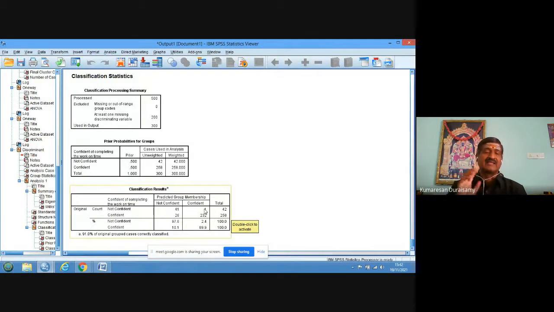Among the confident cases, 258 employees were there. Out of them, 26 are in fact not confident, as predicted from the group membership, and 232 are confident.